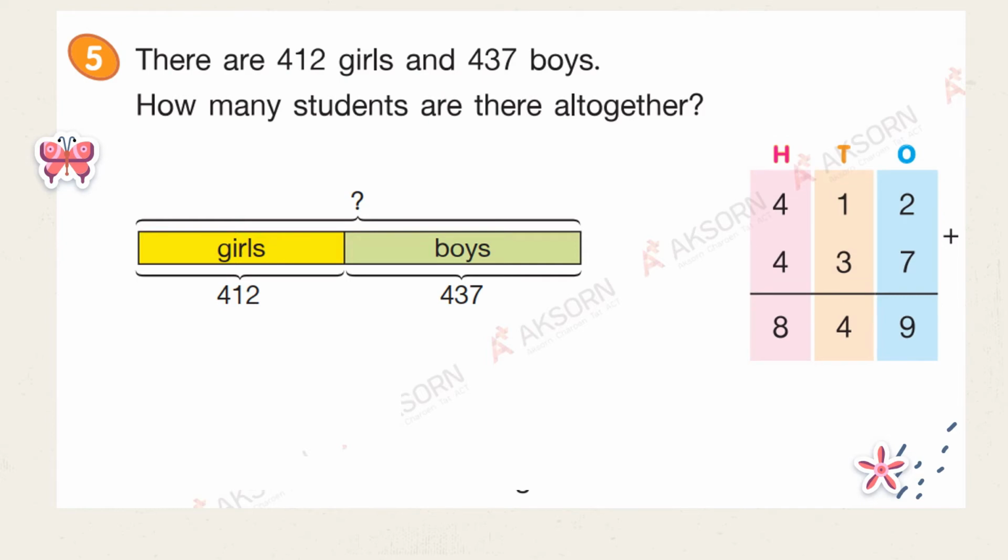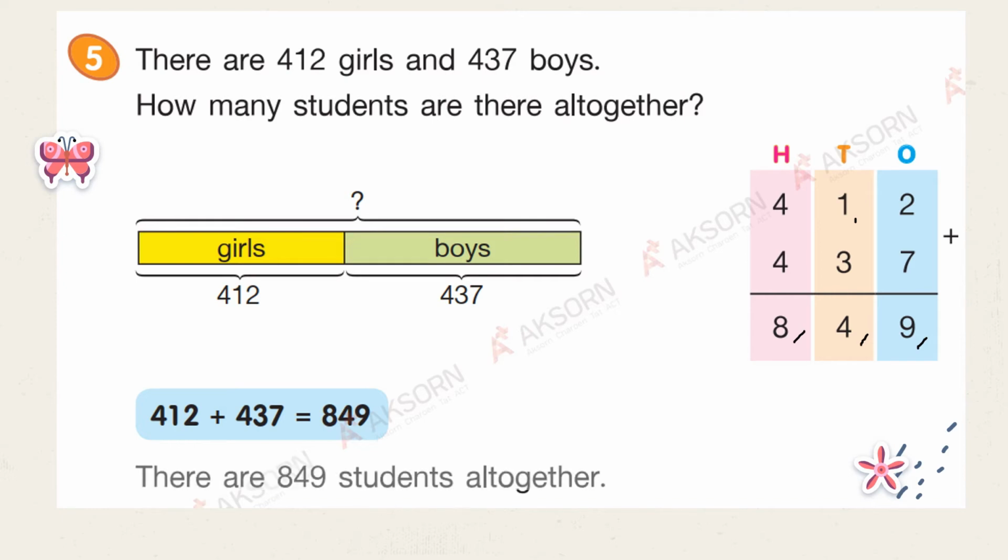So we're going to add them all together. 2 plus 7 is equal to 9. 1 plus 3 is equal to 4. And 4 plus 4 is equal to 8. So we have 412 plus 437 is equal to 849. So there are 849 students altogether.